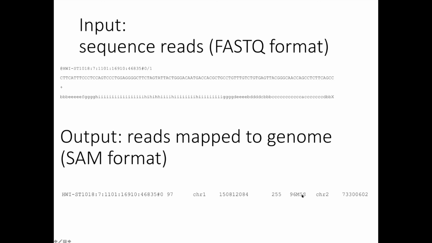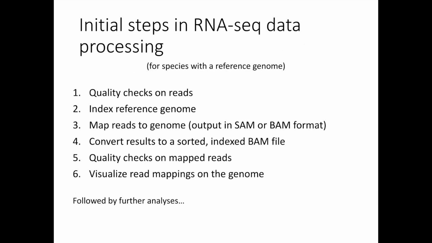So it basically didn't know where to put the last 5 nucleotides, so it just clipped them away, and this is called soft clipping. So this is a typical result, where there's information in the SAM file that it managed to map 96 nucleotides and it soft clipped away 5.